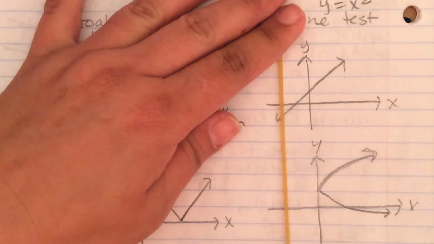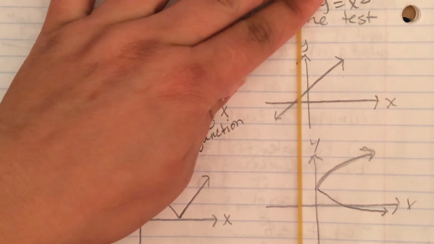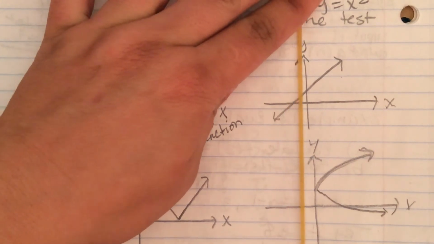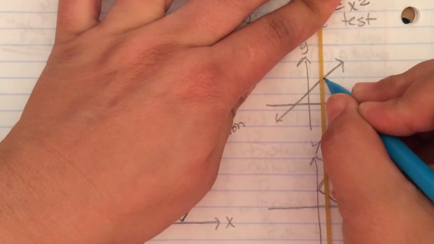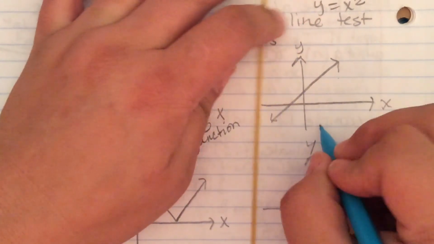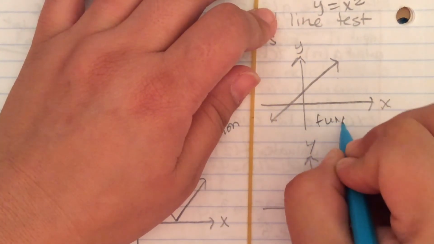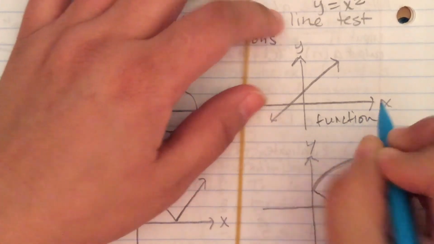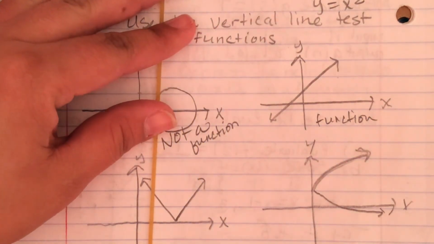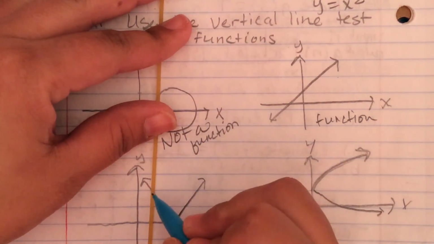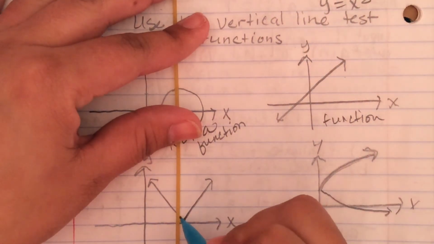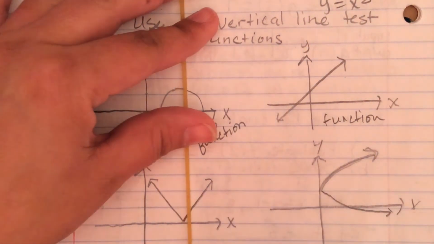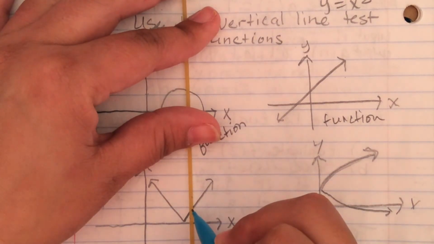The line is a function because wherever I put my spaghetti, which is a vertical line, it only crosses the spaghetti once. If I put it right there, it only touches it once right there. So this is a function. Again, right here, it only crosses it at one point. Wherever I put my spaghetti, it only touches that V shape once.